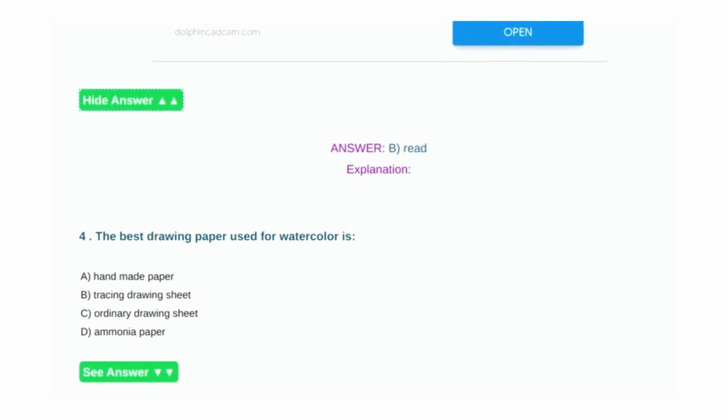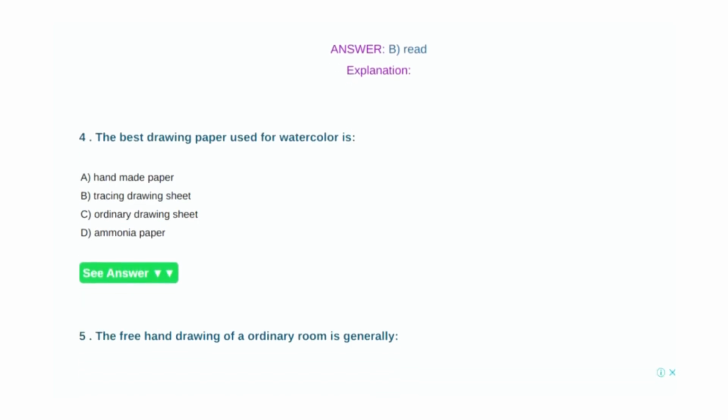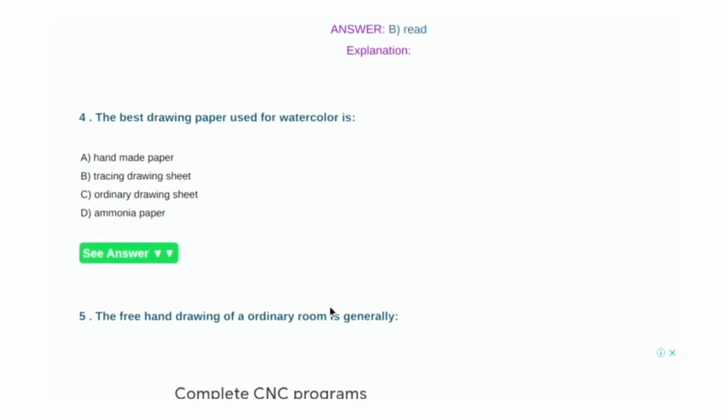Not to measure. The best drawing paper used for watercolor: handmade paper, tracing drawing sheet, ordinary drawing sheet, ammonia paper.